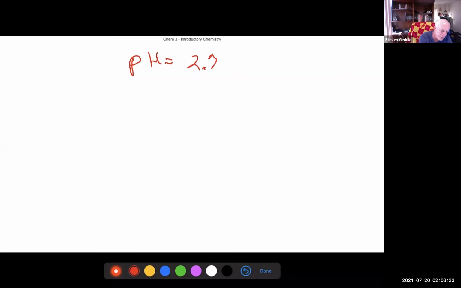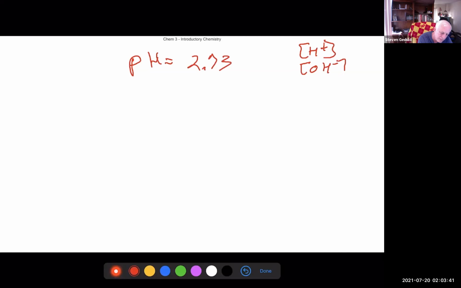So let's do some calculations. Let's say the pH of a solution is equal to 2.73. I want to find the H plus concentration, and I want to find the OH concentration from that value.